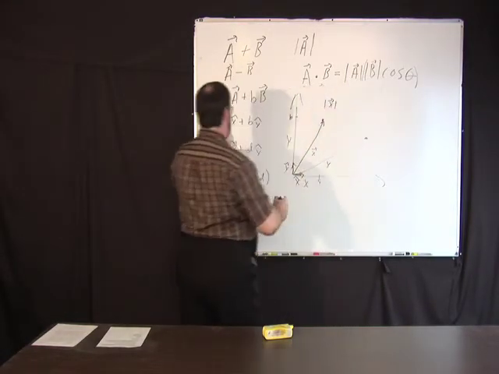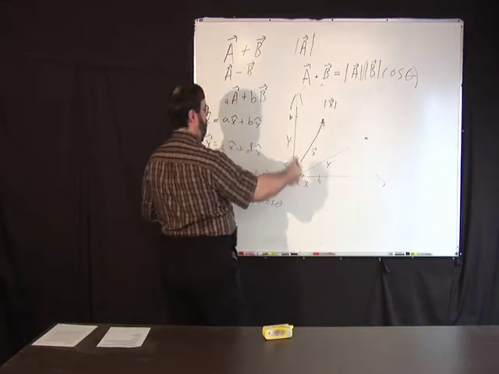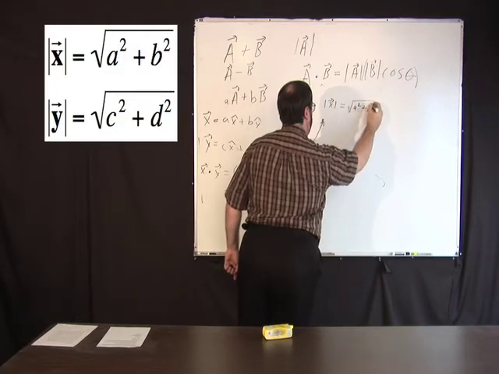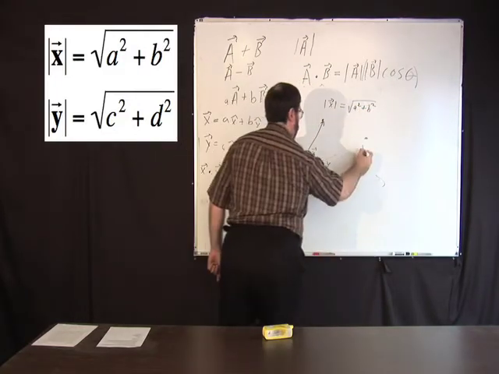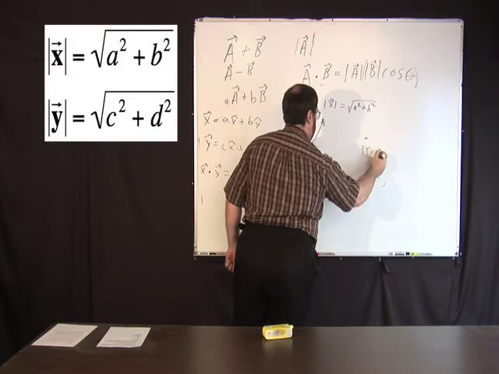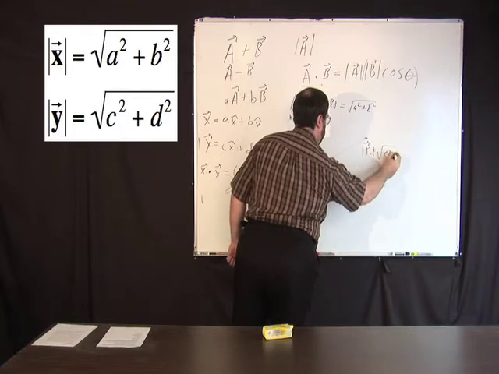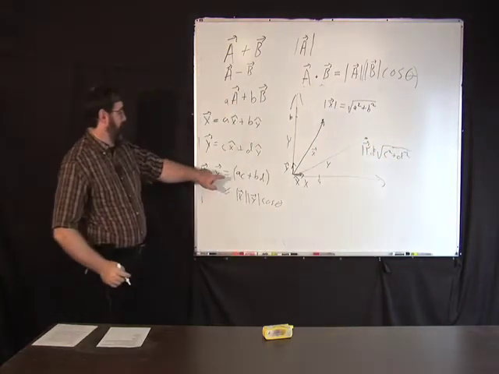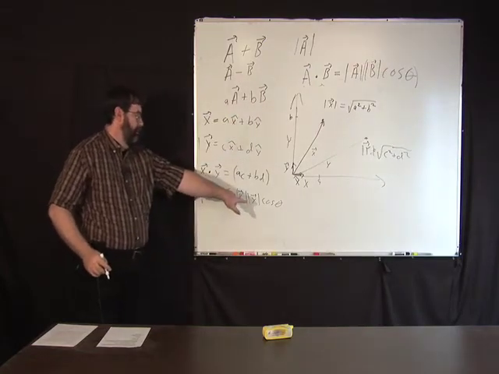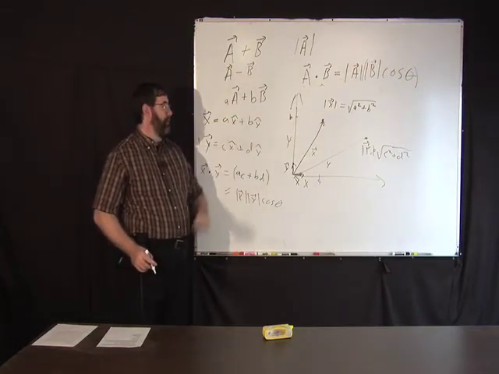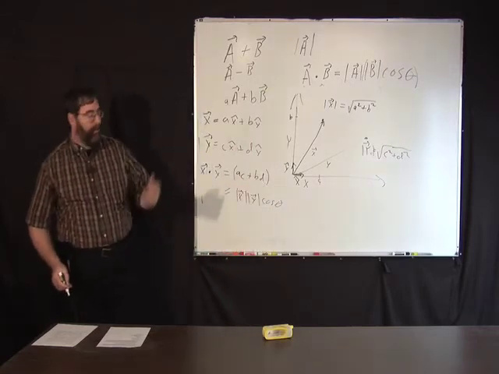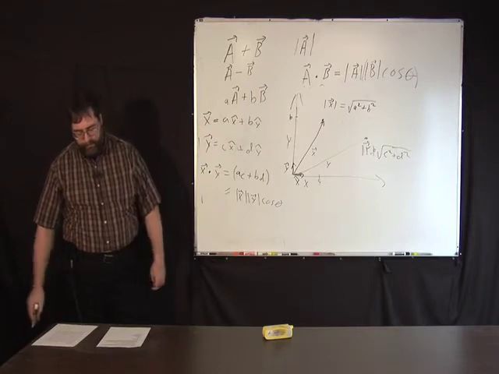Well, this is a and b. This is very simple, the Pythagorean theorem, right? The magnitude of y equals the square root of c squared plus d squared. We have this, we have those. We can figure out the angle between any two vectors just by looking at their coordinates in a particular basis.